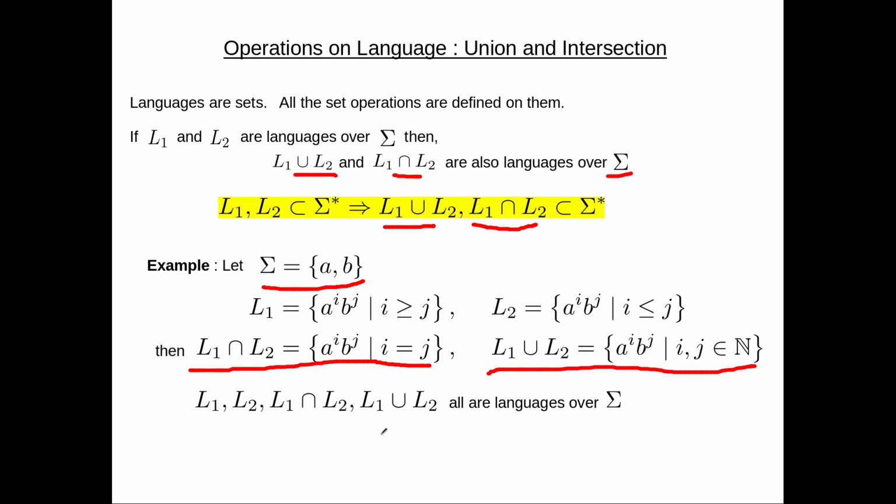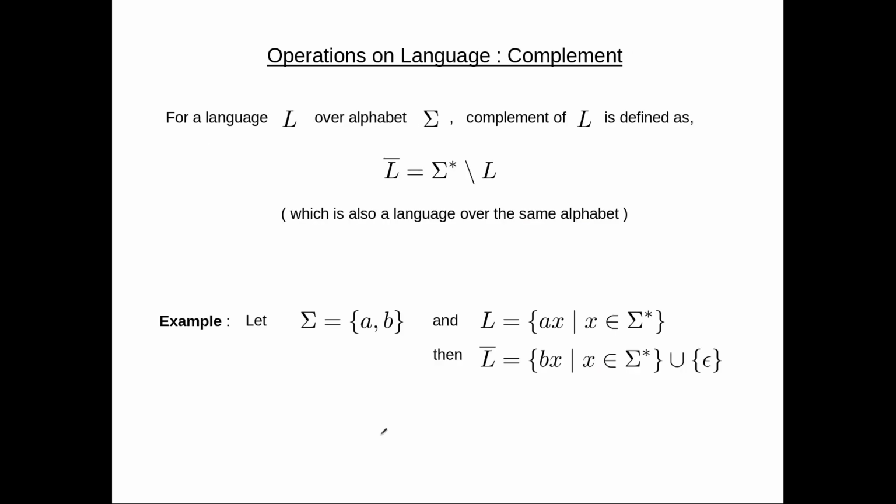Yeah. We can take complement. Again, it comes from sets, but for sets, sometimes it's not clear what the universe is. You have to have some universe, and you take the complement with respect to that universe.